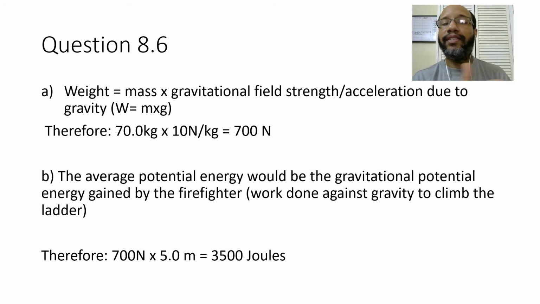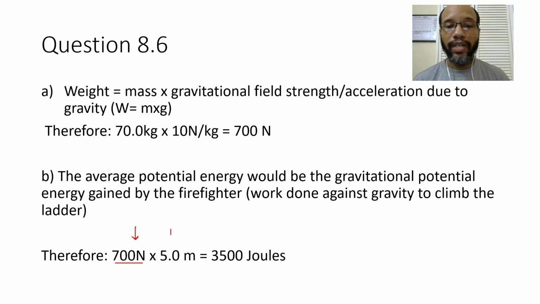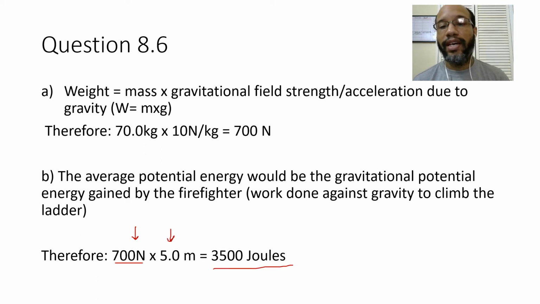But like I said in the first slide, you don't have to go back to bring back his mass and then work it all over again to find the weight and then multiply by the height. Simply take his weight, which is 700 newtons. That's the force right there. And then multiply that by 5.0 meters, which is the distance. And once you do that, you'll get 3,500 joules as your answer. So be very comfortable with that, guys.